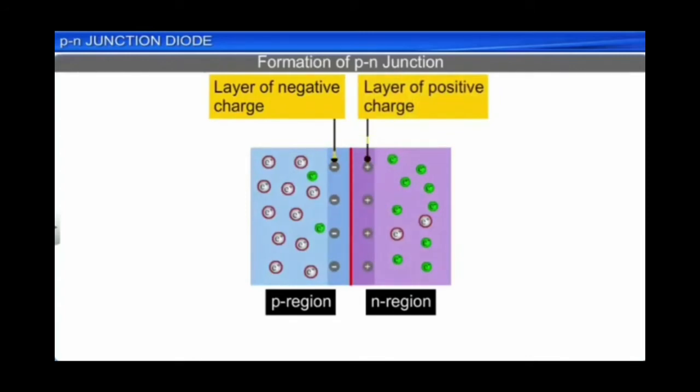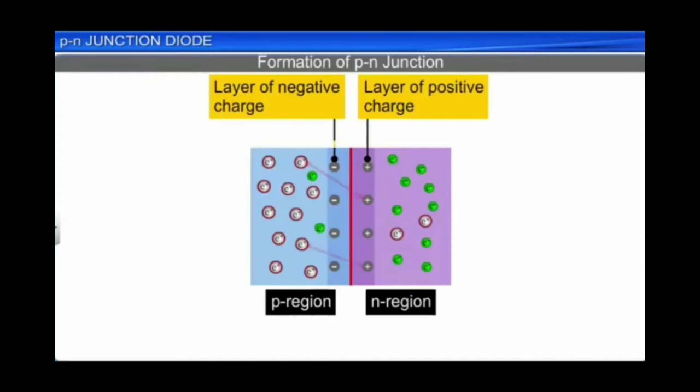Similarly, on the N region, that means on the right side of the boundary, there will be a layer of positively charged donor atoms. These acceptor atoms and donor atoms are the dopant atoms in the P-type and N-type semiconductors we have already discussed.